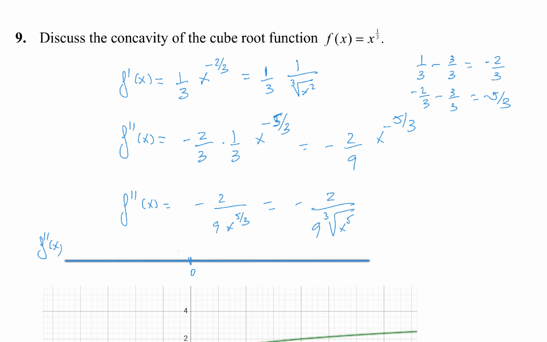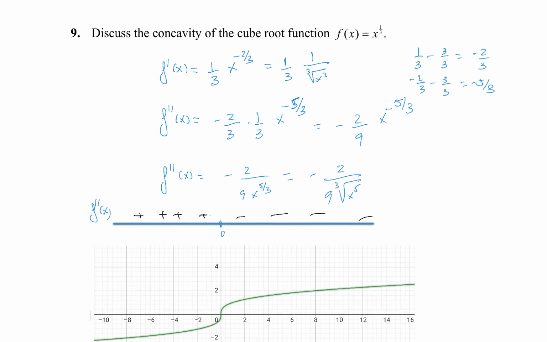But I made a mistake here, so let me erase and change it. Here the concavity is positive and here it is negative. If you plug in a number, it's like this. Okay, so the summary is here.